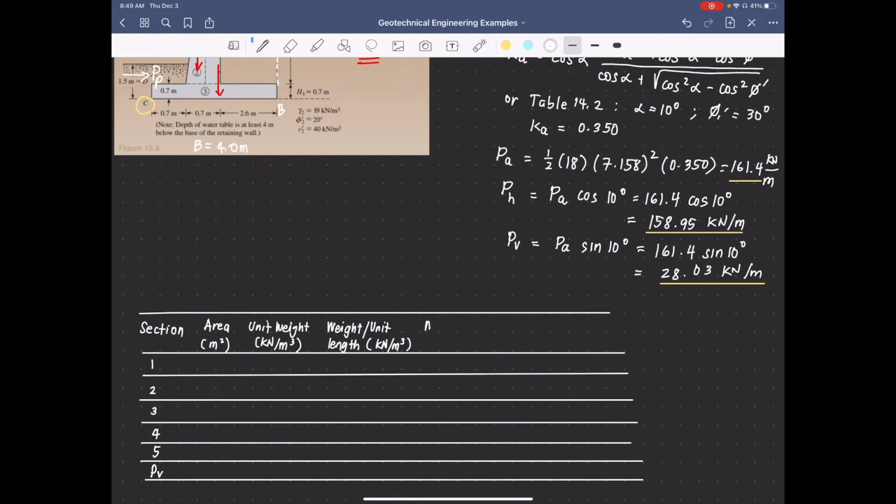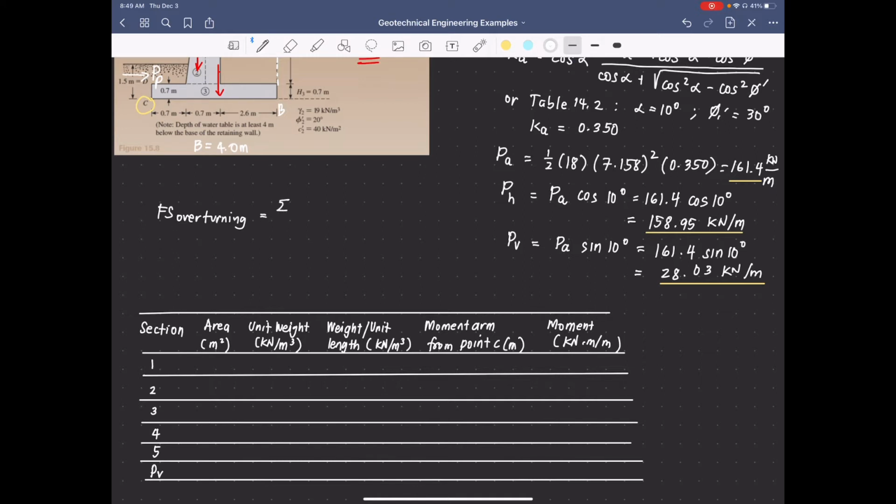We have here the moment arm first from point C, in meters, because we need the moment at C, which is in kilonewton meter per meter. By the way, because we need the factor of safety against overturning, let us write the formula here.